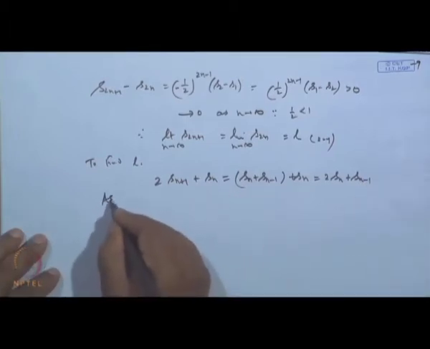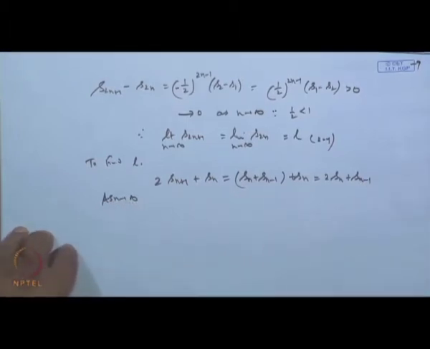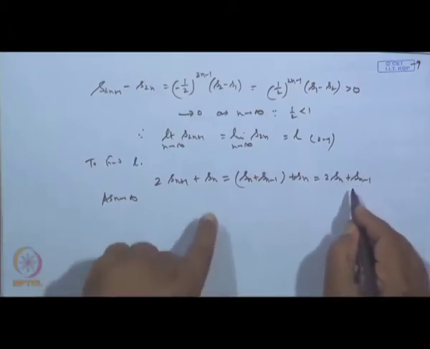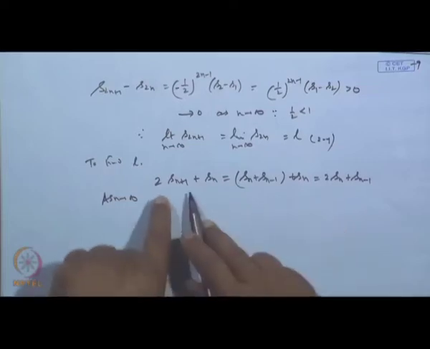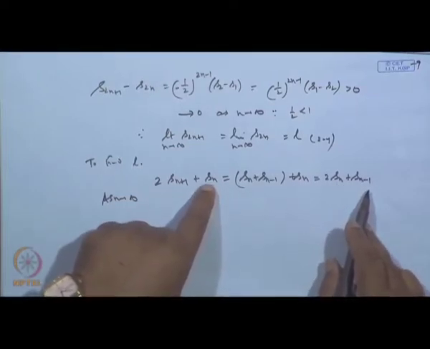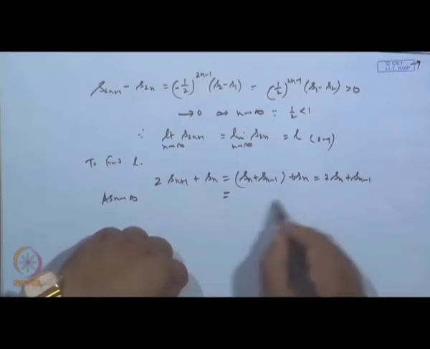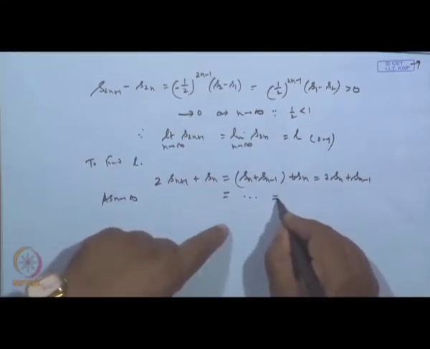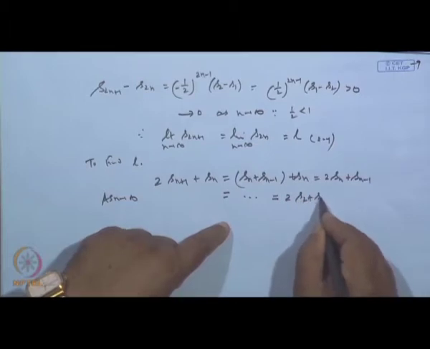Now, as n tends to infinity, again when you take 2 S n plus 1 plus S n, it is 2 S n plus S n minus 1. Similarly, if I continue this process, what do we get? In the final term we get 2 S 2 plus S 1.